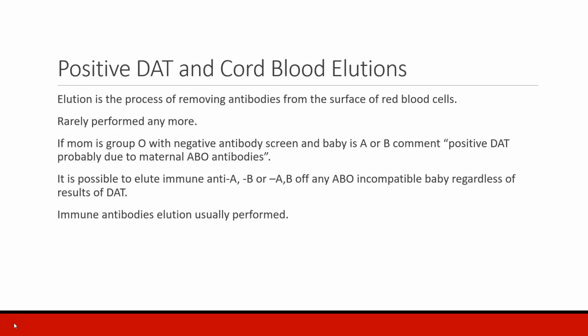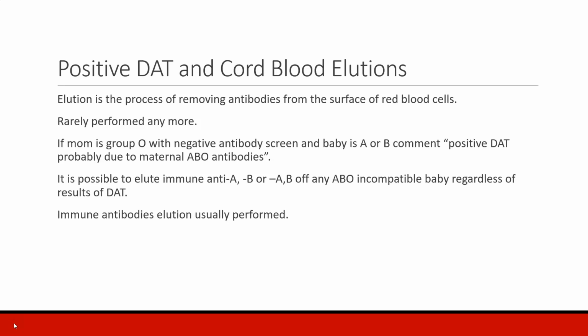So what they determined, and why we're not really doing these anymore, is that it is possible to elute immune anti-A, B, or A,B off any ABO incompatible baby, regardless of the results of the DAT. And I have no explanation why this is a lighter coating with ABO antibodies versus an immune antibody, because these are IgG class antibodies.